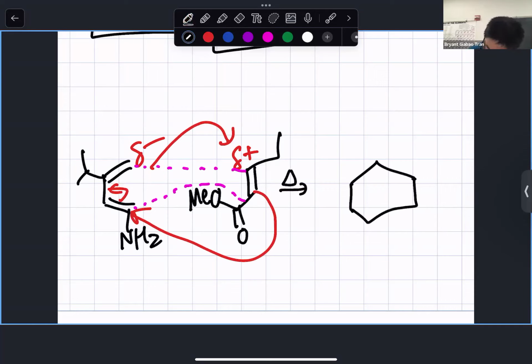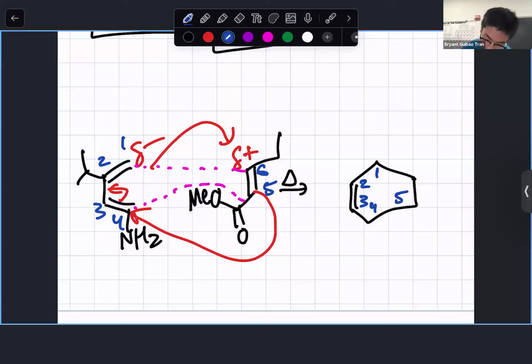Always draw out this template, cyclohexene. You could number it to keep track of the groups. 1, 2, 3, 4, 5, 6. Where we know this is an out group because it is outside of the pocket.